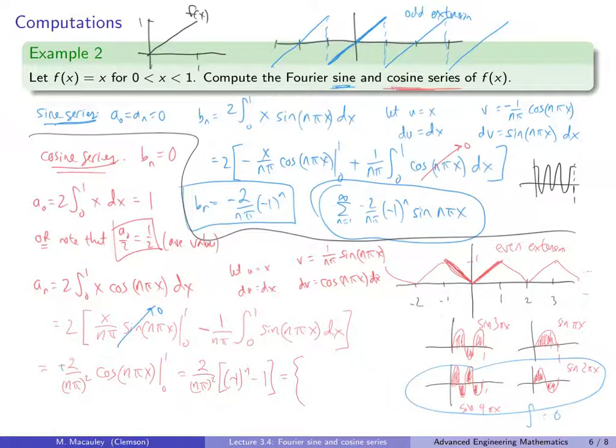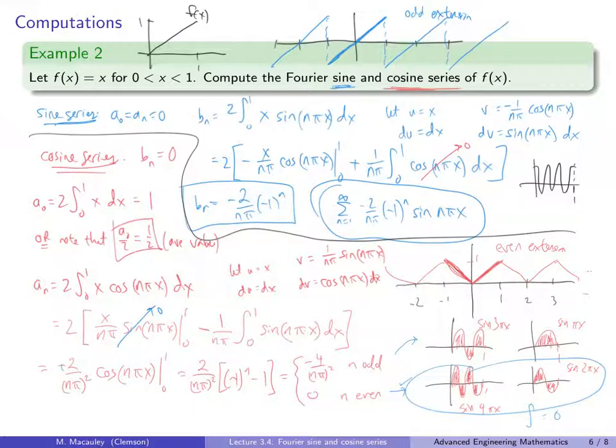When n is even, this is 0, and that is exactly what we verified right there. That's good, as it should be. And when n is odd, this becomes negative 1 minus 1, that's negative 2. So this is negative 4 over n pi squared when n is odd. So that's the signed area under these curves.